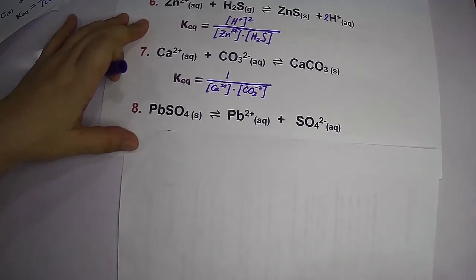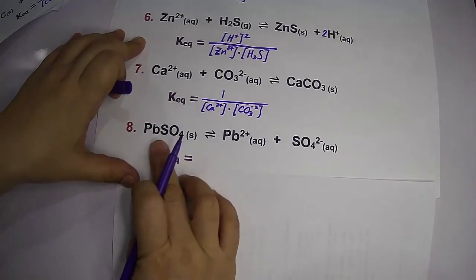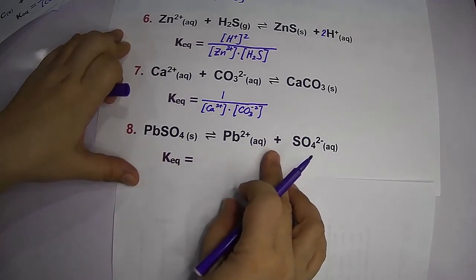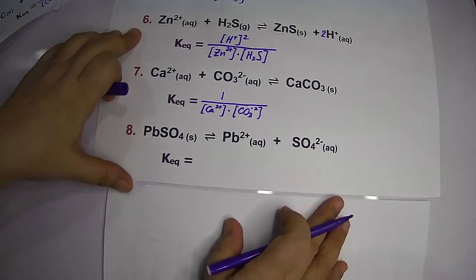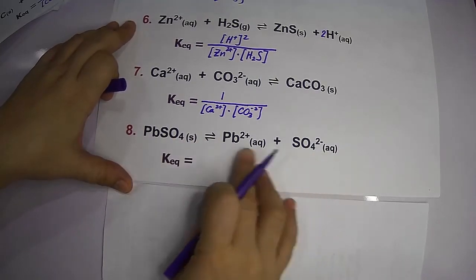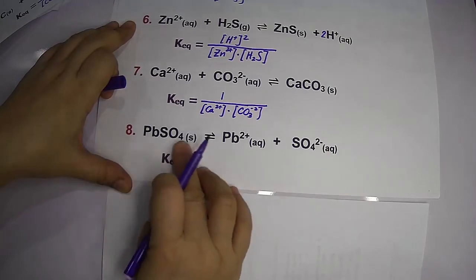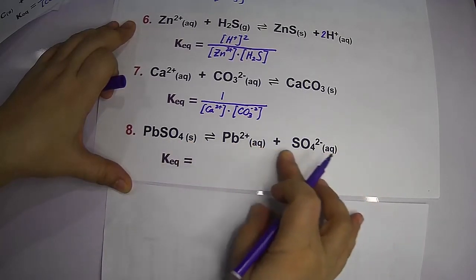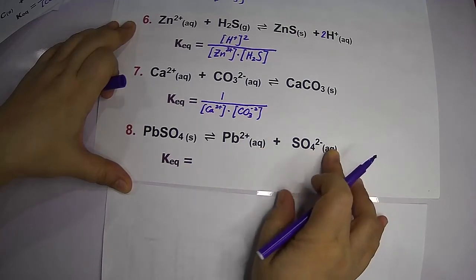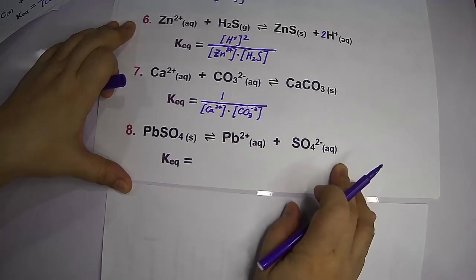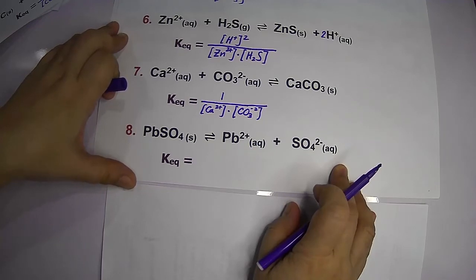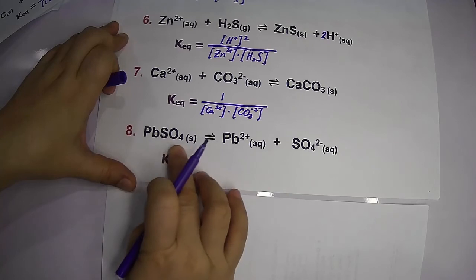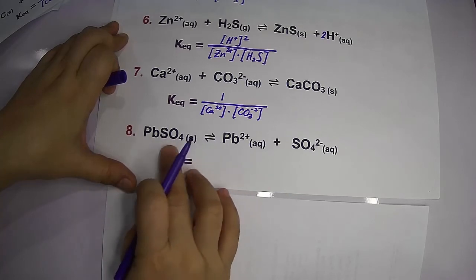Okay, for the 8th example, we have here lead sulfate, solid, ionizing to lead ion, plumbous ion in aqueous, and the sulfate ion. Okay, we check if we have a balanced equation. It is balanced. Okay, since the numerator, which is composed of the products, are all aqueous, which are involved in a chemical equilibrium expression, and the denominator from the reactant is a solid, the denominator is 1.